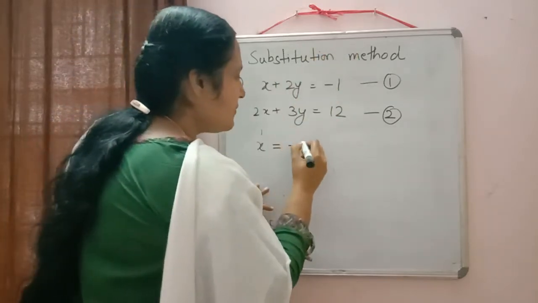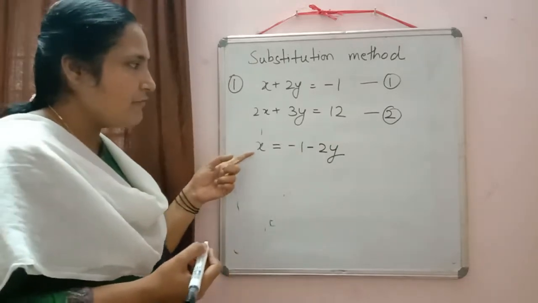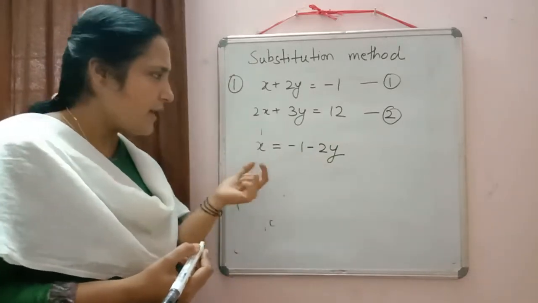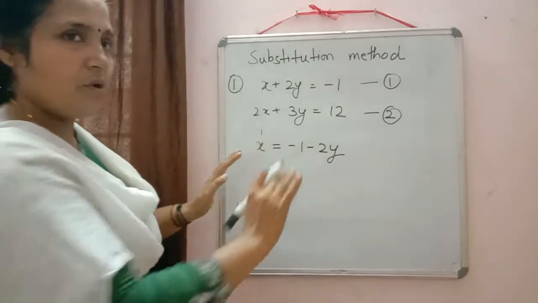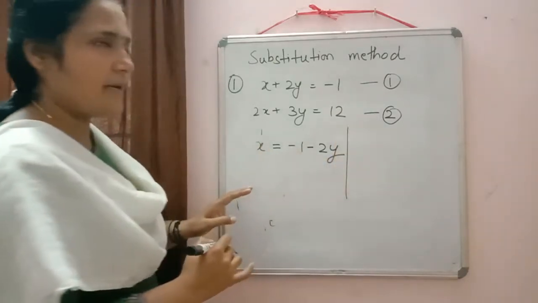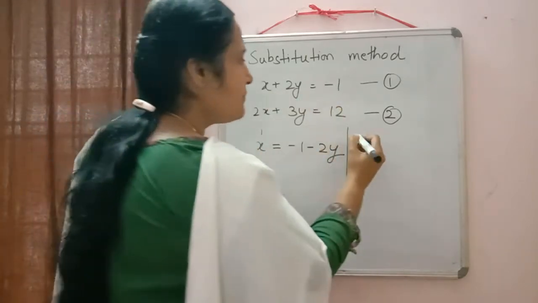So x will be equal to -1 minus 2y. See, we wrote x in terms of y without any fraction. I am just explaining: if I write y in terms of x, then how will it come?